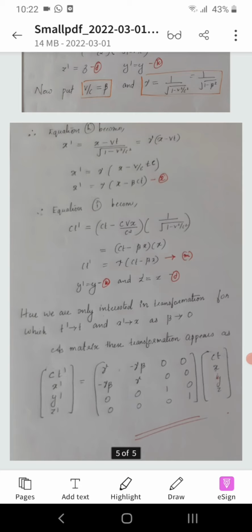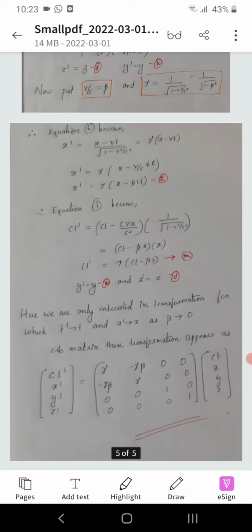Here we are only interested in the transformation for which t prime tends to t and x prime tends to x, as beta tends to 0. As a matrix, this transformation appears as follows.